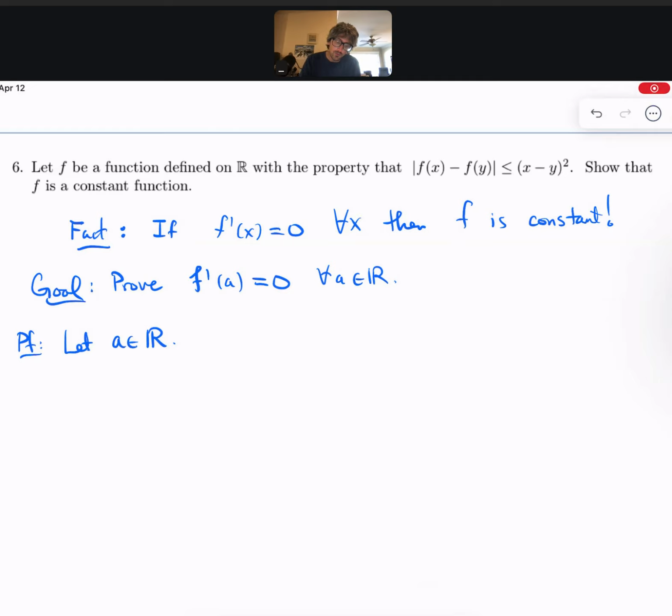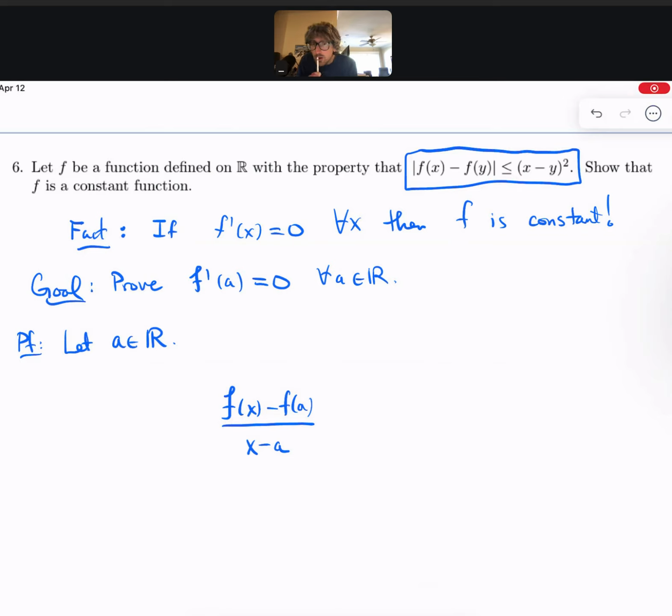We're going to have to consider this difference here divided by this difference here. So the limit as x approaches a, that's going to be the derivative if it exists. And we have to figure out how to calculate that limit, given that the only thing we know about our function is that inequality up there.